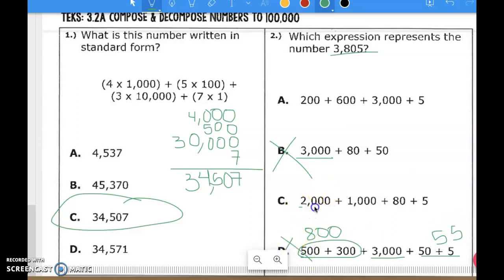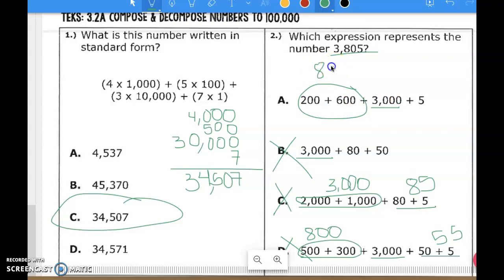Okay, these are 3,000. Yes, 2 plus 1 is 3. 3,000. And then you have 85. Is this correct? 3,085? No. Okay, so it must be this one. 3,000. These make 800. And this is 5. This is the correct answer.